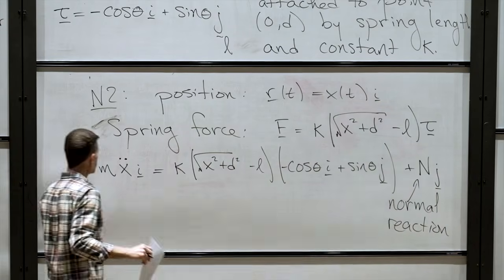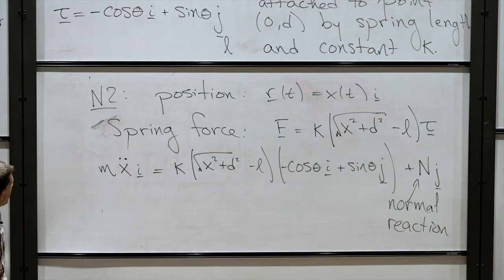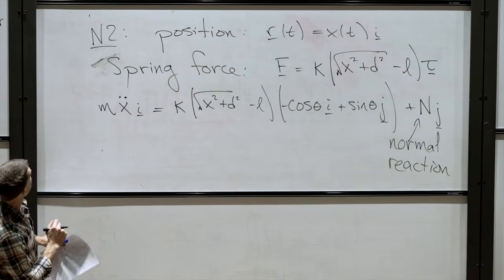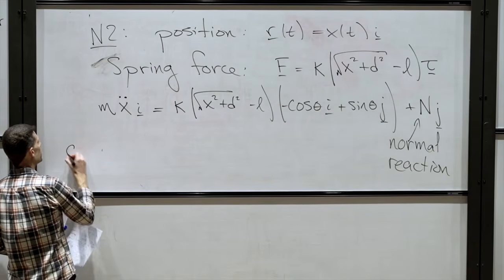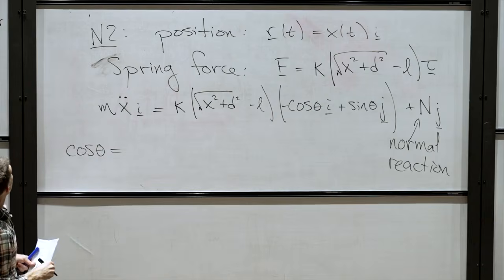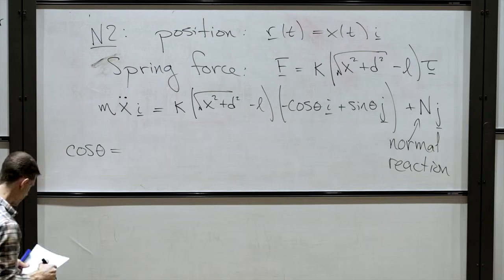Okay, if I then look at just the i component of this equation, I have something I can write down for x. It's not very nice. We can go one step further by observing that if I look at that triangle again, cosine theta is x over the square root of d squared plus x squared.